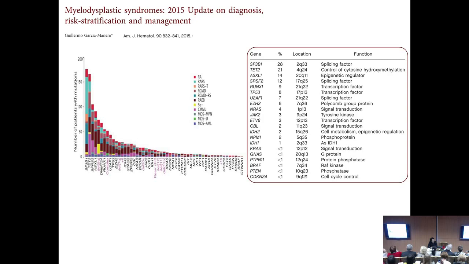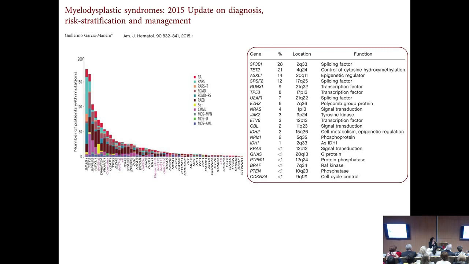This gives you a list of the genes which are mutated in MDS. There are some genes which are mutated more frequently, for example SF3B1 in most cases of ring sideroblast MDS, and others which are only rarely affected. But in the end, more than 90% of MDS cases have at least one mutation.